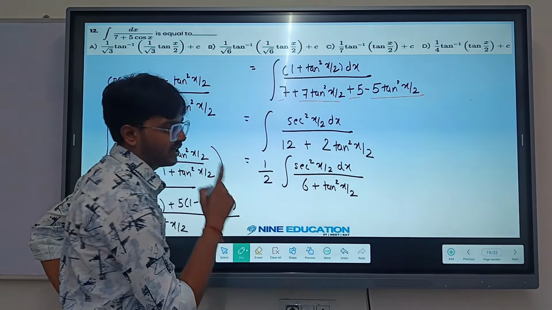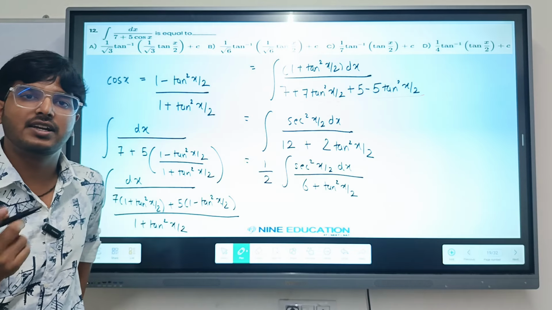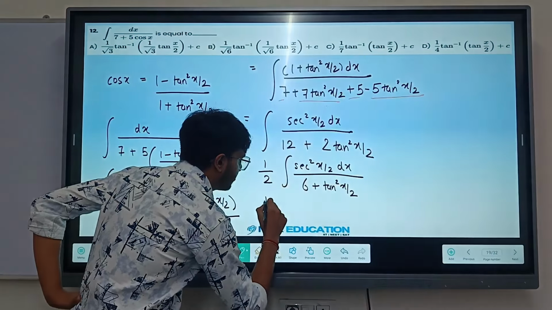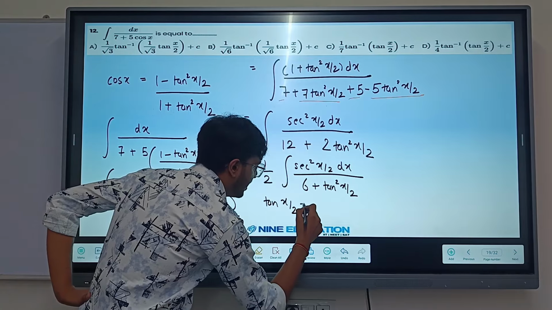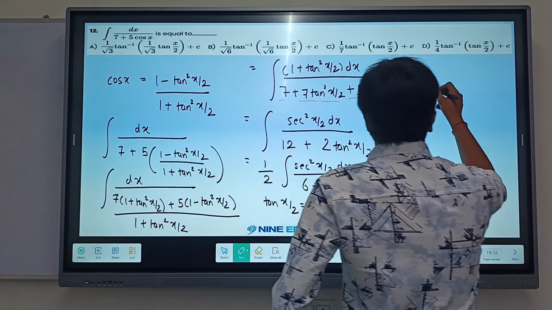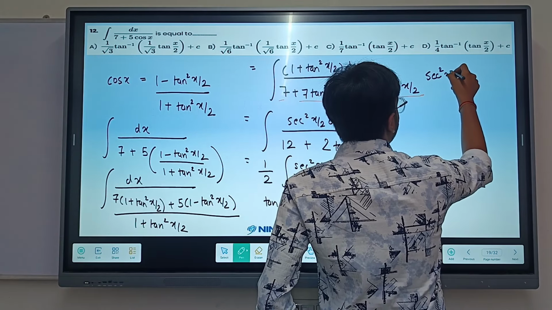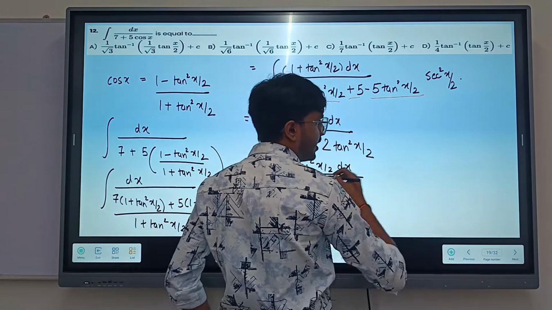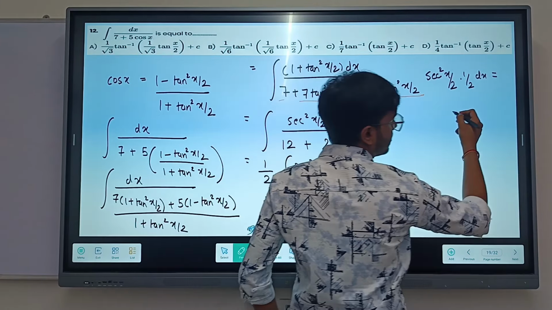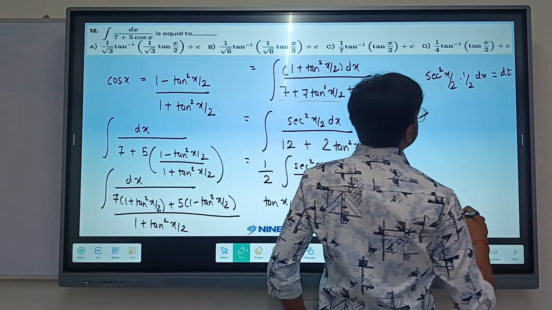Now let's simplify it further. Secant square theta is the differentiation of tan theta. So what will I do? I'll take tan x by 2 as t. What is the differentiation of tan theta? Secant square theta. So I'll get secant square x by 2, and differentiation of x by 2 is 1 by 2 dx, equal to differentiation of t, which is dt.